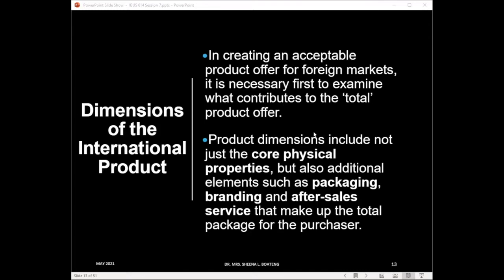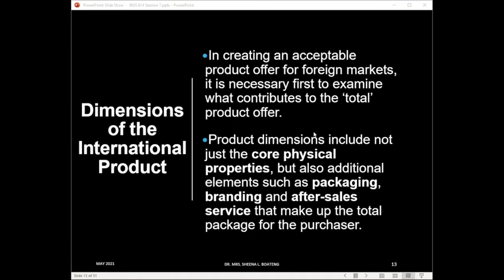And aside from that, the dimensions of a product include not just these tangible and intangible attributes, which are one of the general categorizations of products. However, we have other more in-depth categorizations of products, which even help us break down the products into more levels and layers, at which the firm can design a product that is fit for a particular international market.